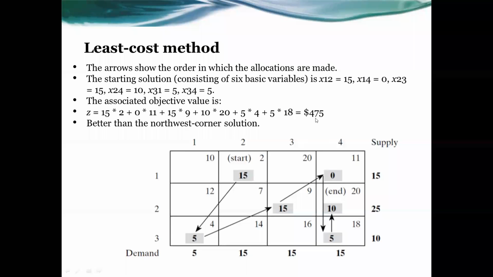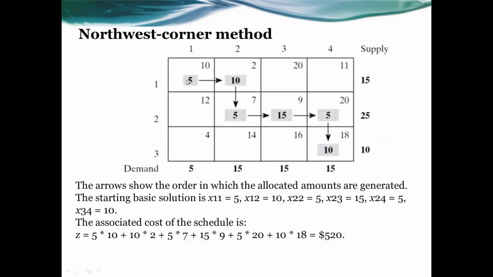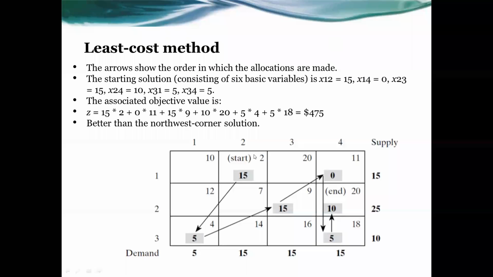Now, when you use the least cost method, it is reduced to $475. Now you can see each method gives different approaches. Okay. Now this one we are starting from in here, but this one we are starting from here.